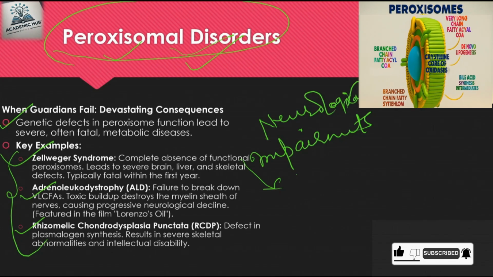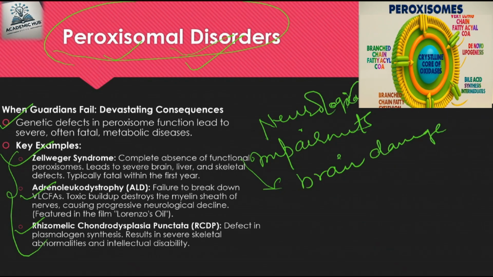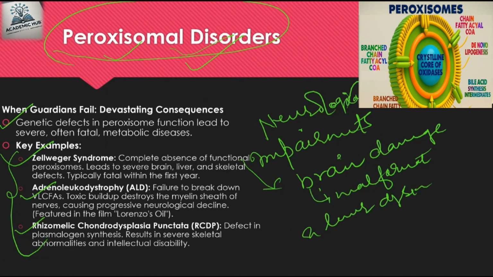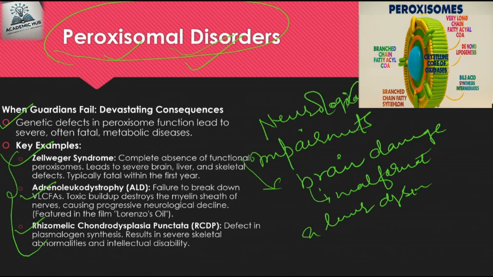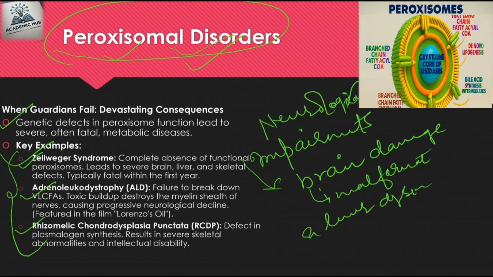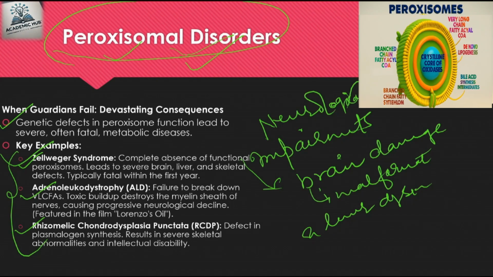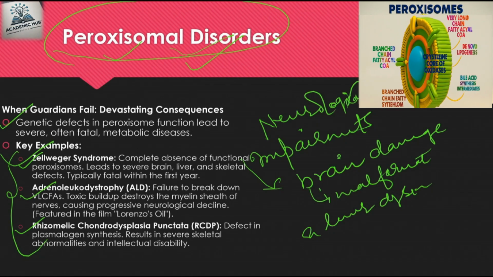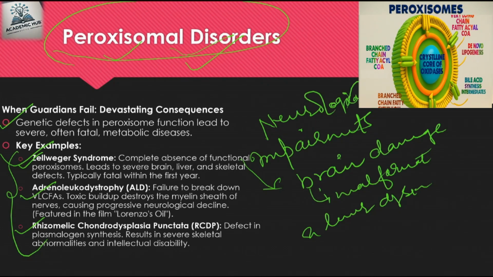It leads to profound brain damage, severe brain malformation, and liver dysfunction, often accompanied by significant developmental delays and skeletal abnormalities. Infants diagnosed with this syndrome face an extremely poor prognosis, with most succumbing before their first birthday. This disorder is a severe consequence of a failure in protein transport into the peroxisome.